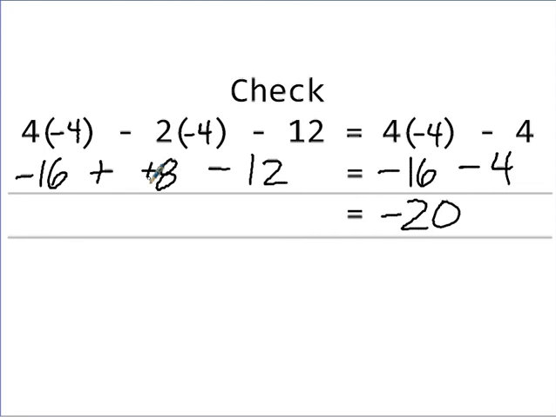And negative 8, take away 12 more, negative 8 minus 12 means I have a total of negative 20 on the left side. I've got a total of negative 20 on the right side. So when I plug in negative 4 for x into my equation, I get negative 20 is equal to negative 20. That's a true statement. I'm balanced. I'm happy. Life is good.